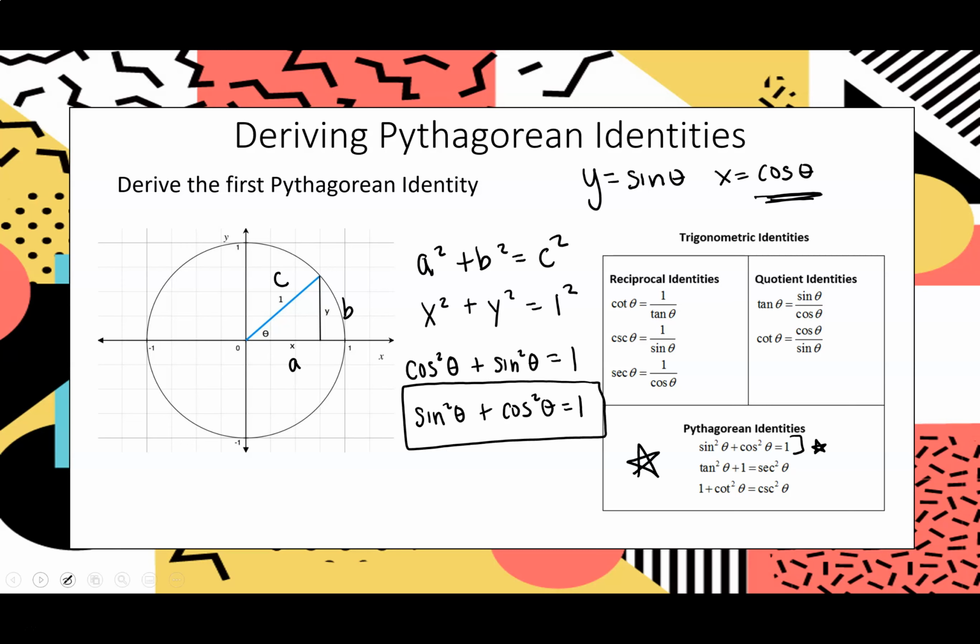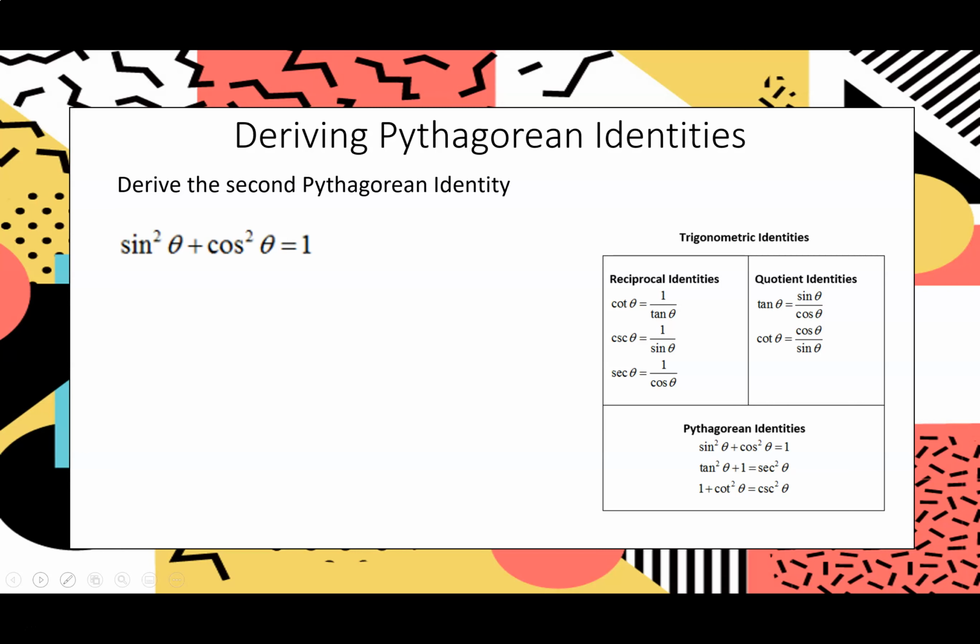All right, moving on. Now that we have our first Pythagorean identity done, I want to get the second Pythagorean identity. The goal is to realize that we're trying to get the right side to be secant squared theta. Remember that secant theta is 1 over cosine theta.